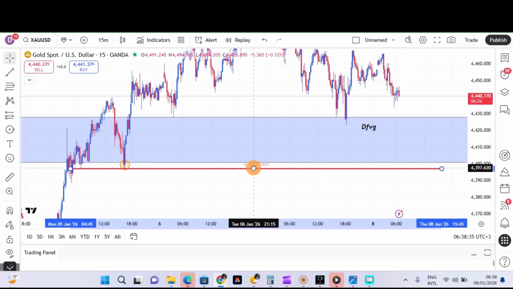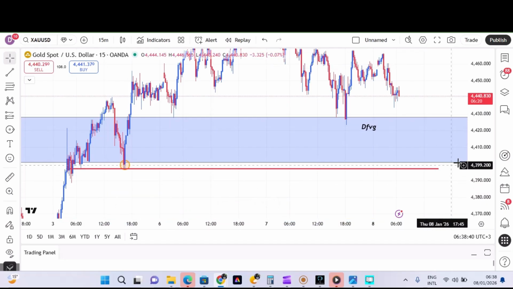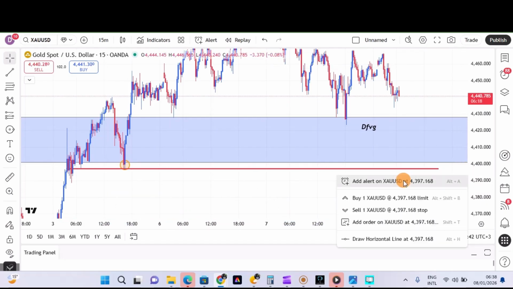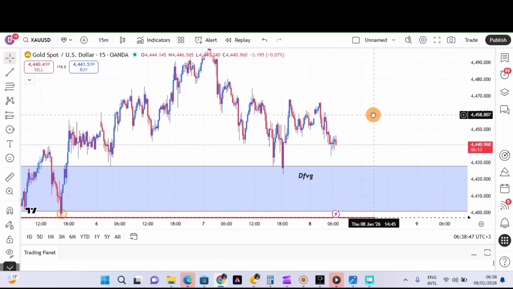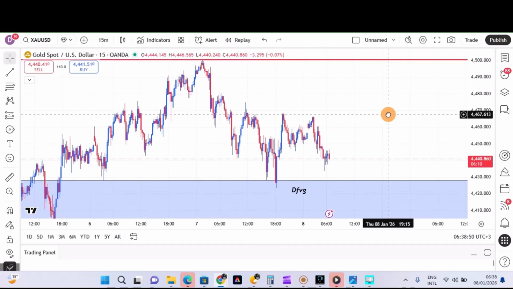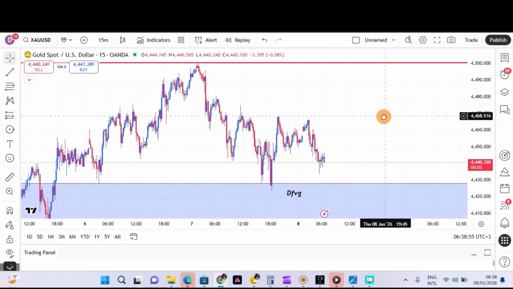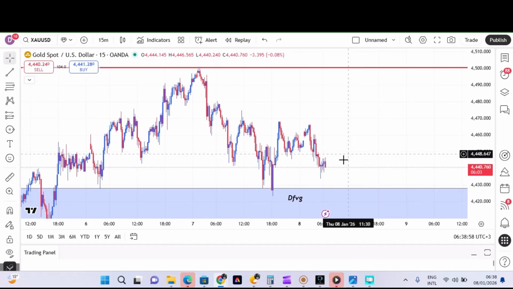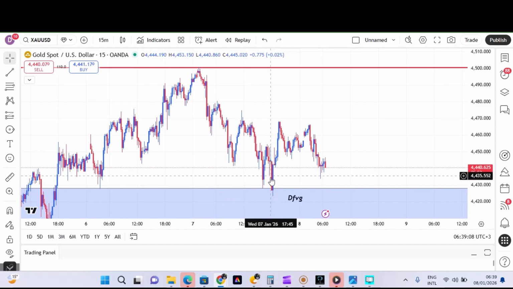You see, there is sell side liquidity lying here. You see, Monday. Okay, let's put the alert here. So this is the acting support so far, since Tuesday. The market has respected this zone 3 times. 1, 2, 3, with a bearish body candle close.